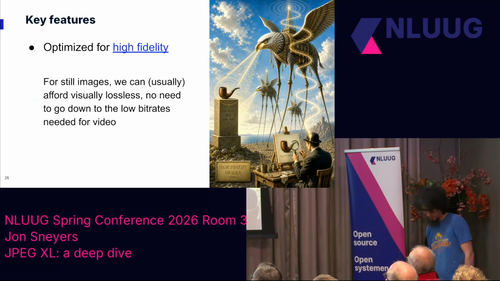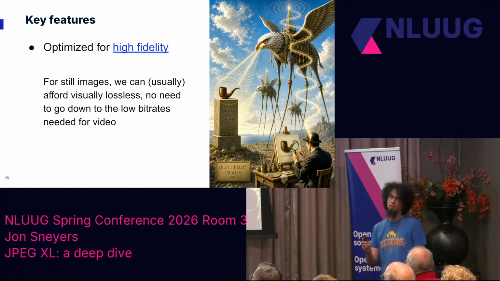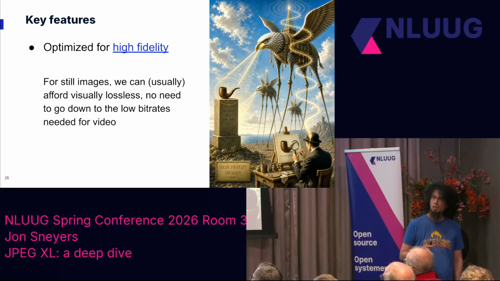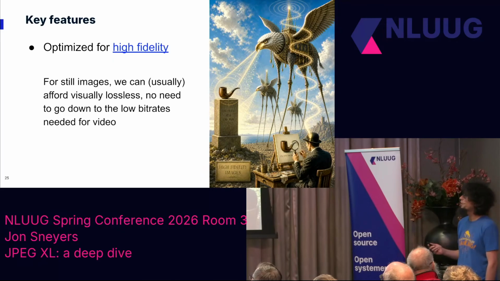Another design criterion that we used is we want to have a sweet spot in terms of compression at a high fidelity point. We don't think that there is really much need for very low quality images. Generally, we do have the bandwidth and storage available to afford to go to the visually lossless level of compression, so that you don't see any compression artifacts.